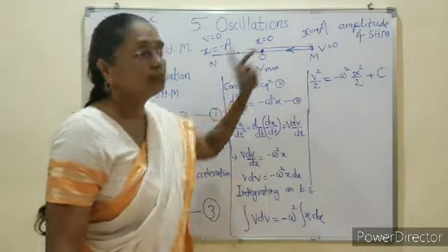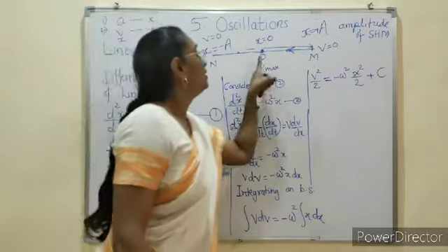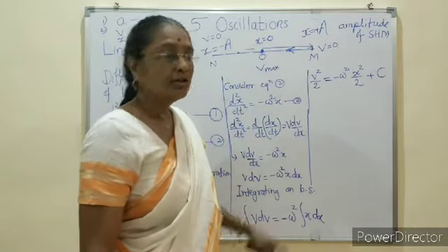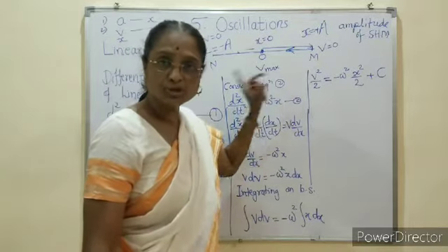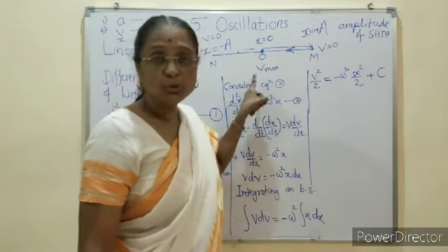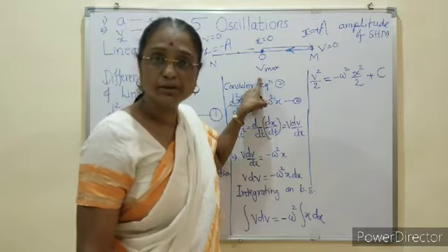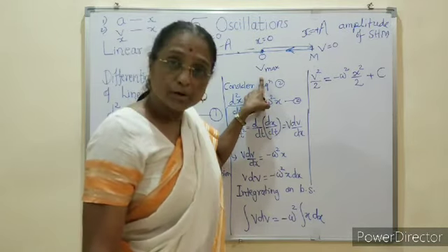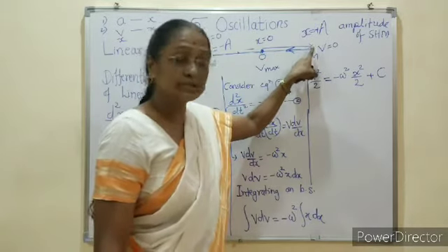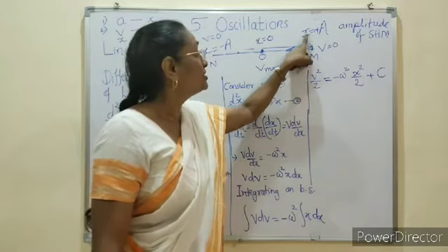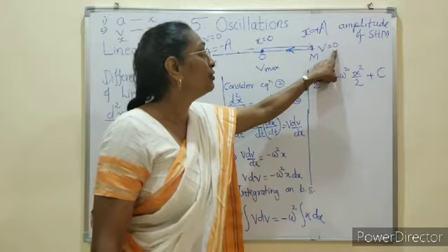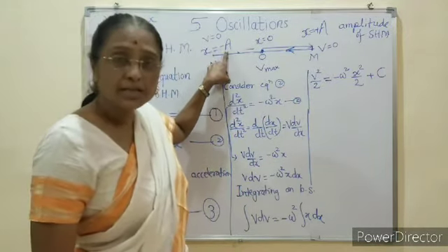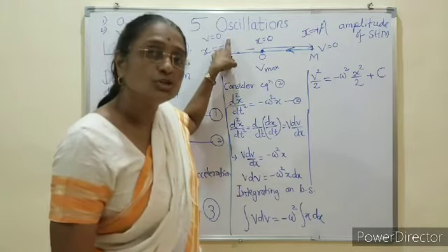Now we have three different values here. At the mean position x is 0, but velocity is maximum, but its exact value is not available here. Definite value is not available here. But when we observe the extreme position, x is equal to plus a, exact value of velocity is 0. At x is equal to minus a, velocity is exactly 0.